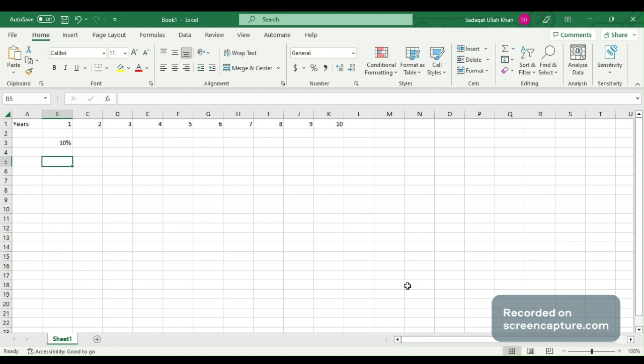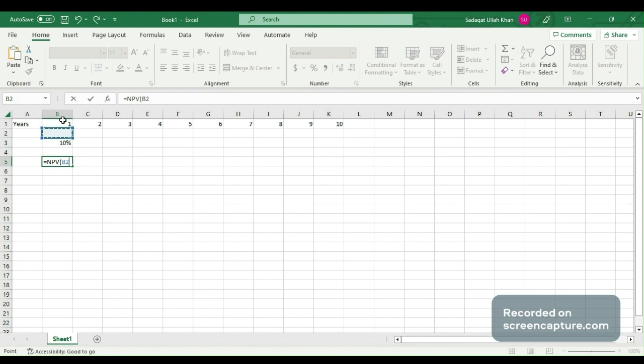Step 1 is equals to formula NPV, double click or tab. Years.